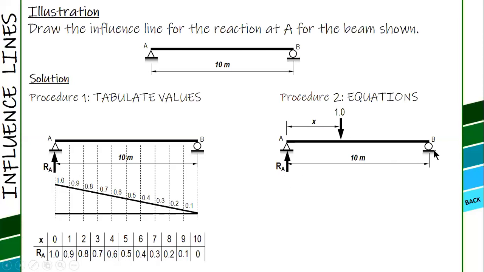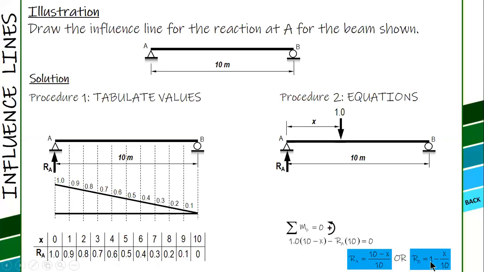What you will do is sum up moment at B: 1 times distance 10 minus x, minus RA times 10. You have RA equal to (10 minus x) over 10, or 1 minus x over 10.